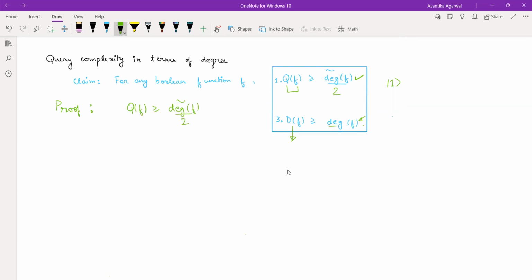To establish this proof, let us first look at what in general a quantum query algorithm could be doing. Suppose again, I am Bob and I want to compute some function f. I will first make a query.